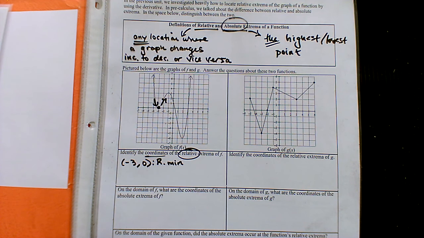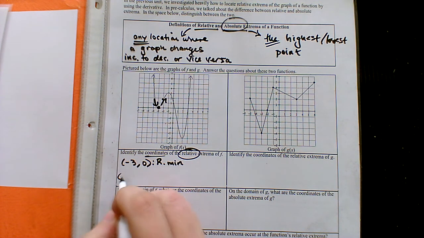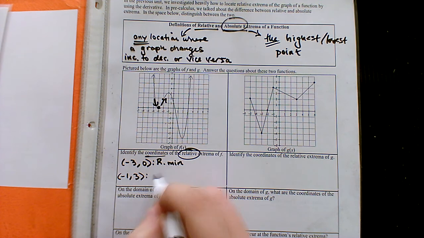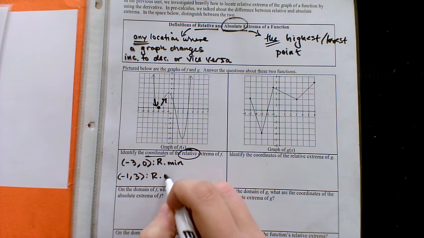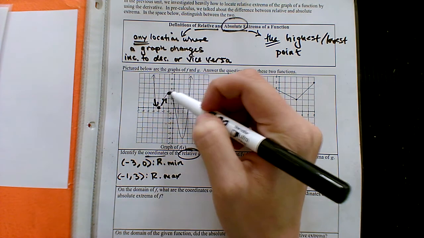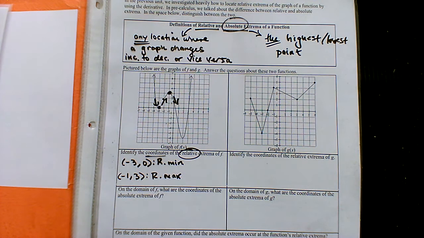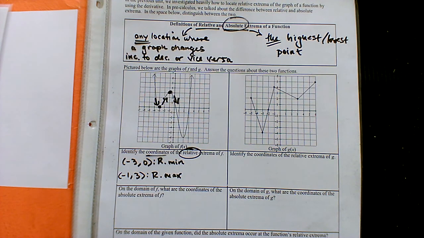Can we find another point? All right, relative max or min? Relative max. Okay, we change increasing to decreasing. Any other spots?